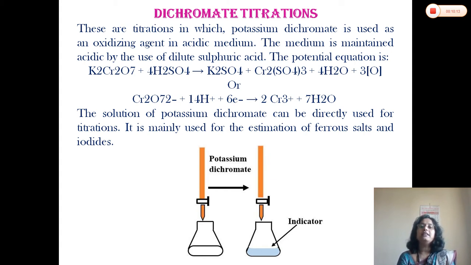If it gains 3 electrons, it itself gets reduced, so definitely it will oxidize other substances. For the solution of potassium dichromate, we need not use any external indicator because potassium dichromate itself acts as an indicator. This potassium dichromate is mainly used for the estimation of ferrous salts and iodides.